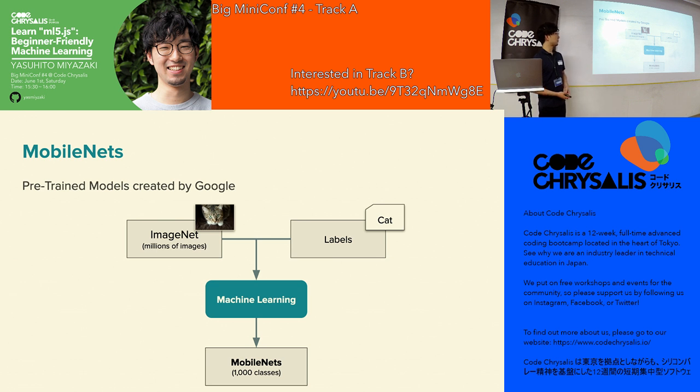It uses ImageNet, which has millions of images. So there's a dataset of millions. And also, to create MobileNets, labels were added. So if it's a cat image, it says cat. And now MobileNets is created and it can classify 1,000 things.